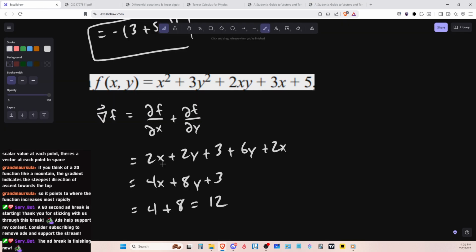Let me see what was wrong with my thought process here. 2y here, yes. And then 3x.